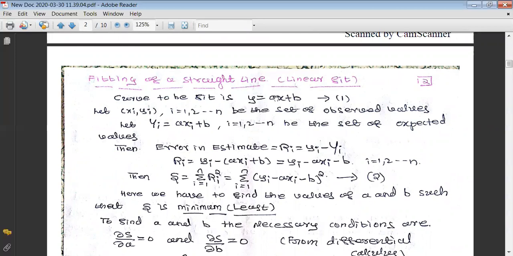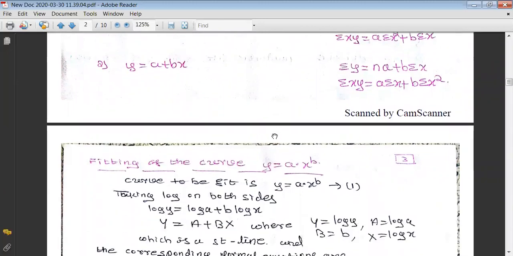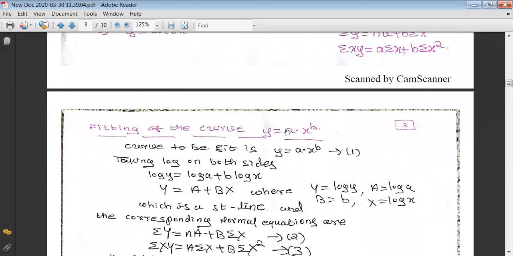In this case, the two constants are a and b. Therefore, in order to find a and b, we are going to write the two normal equations. In general, we can conclude that curve fitting means we have to identify the constants in the equation of the curve to be fit. That's the thing we are required to carry out. That's the first one, that is called fitting of a straight line.